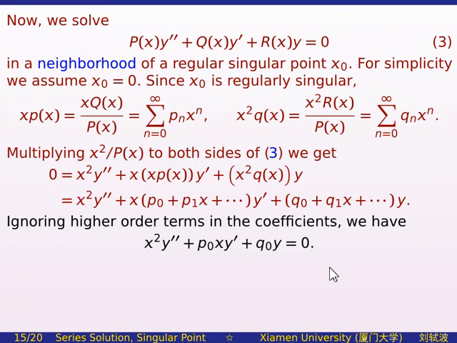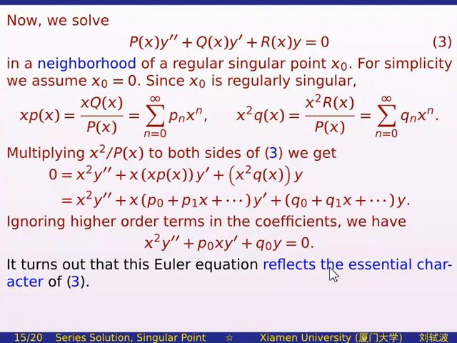And this equation is an Euler equation we just studied. This is the corresponding Euler equation, which can be considered as an approximation of our original equation. The properties of its solution reflect the essential character of our original equation.